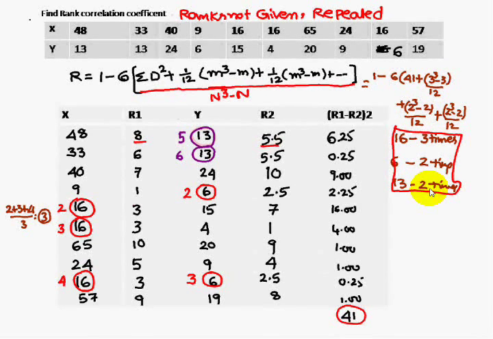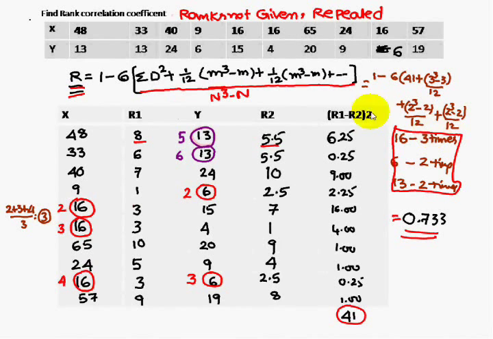Next again 2 times, therefore 2 cube minus 2 by 12, all divided by n cube minus n. If you simplify this you get 0.733.